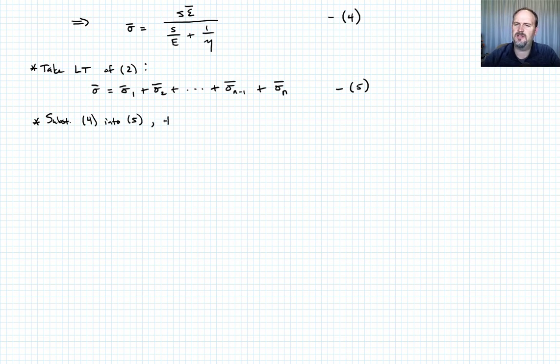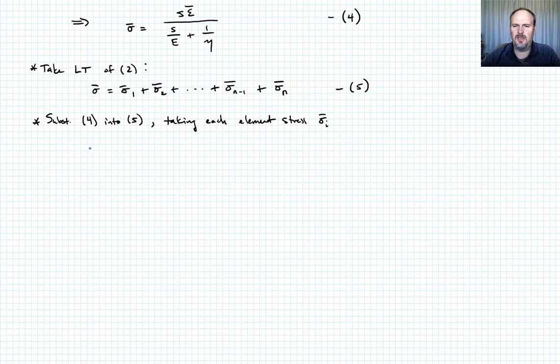Here we're going to take each element stress, sigma i bar. In equation 4, we just did it for a single element, but for each element, this equation 4 is simply sigma i bar.